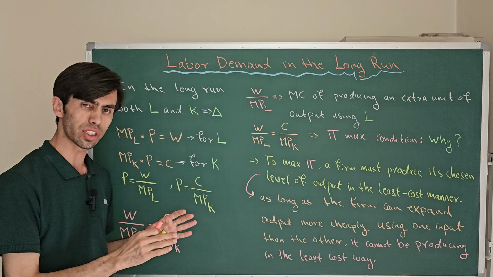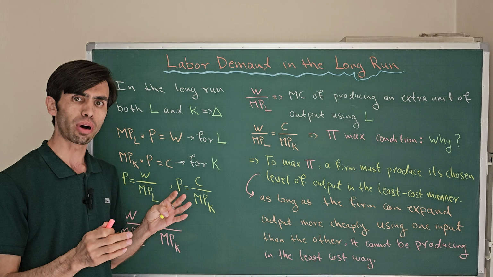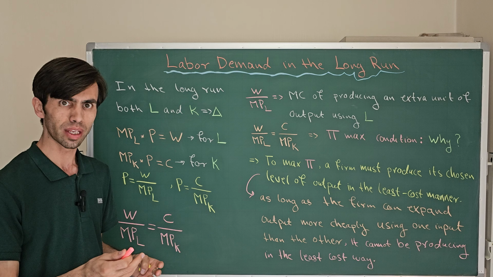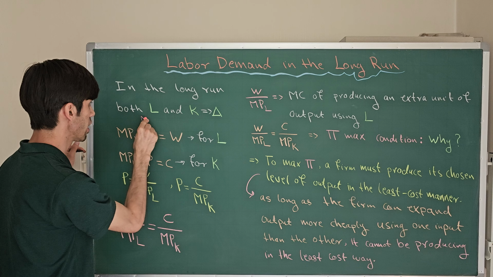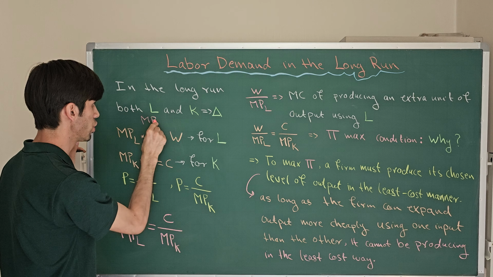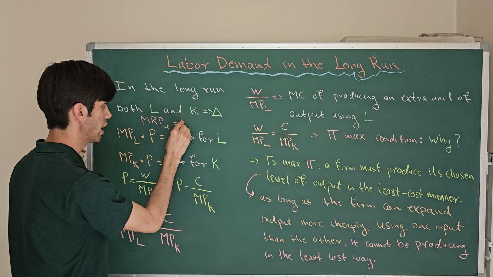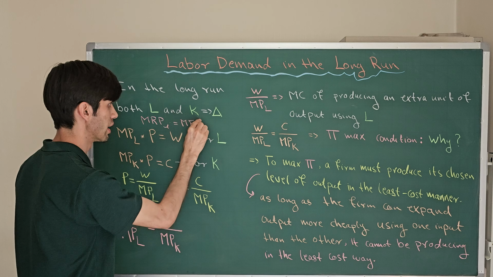Because in the previous video, when we talked about the profit maximization condition based on the demand for the input, we learned that the marginal revenue product of input should be equal to the marginal expense of that input.